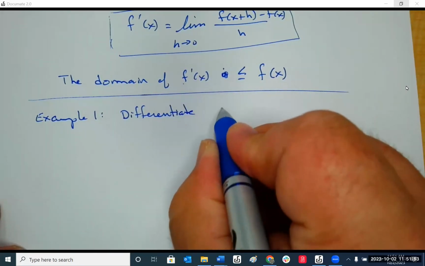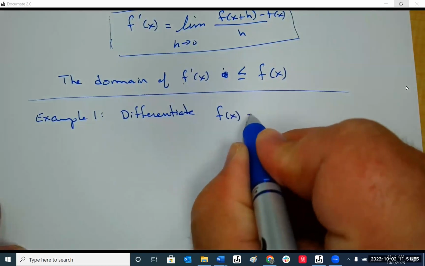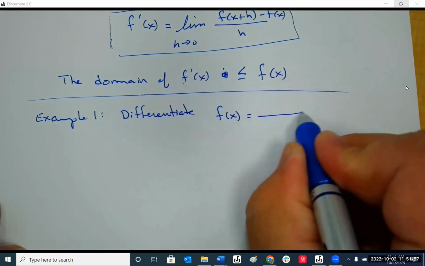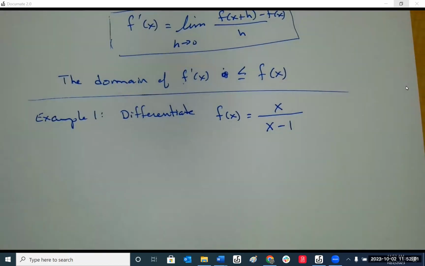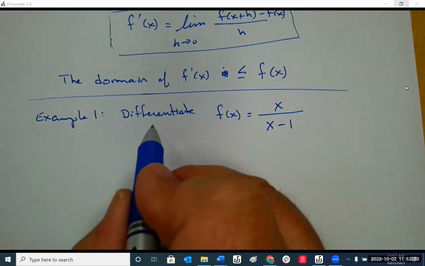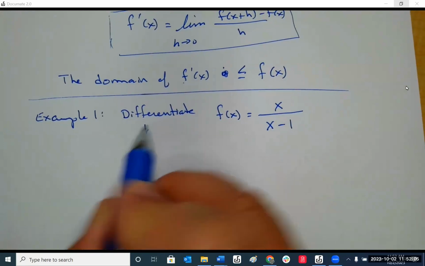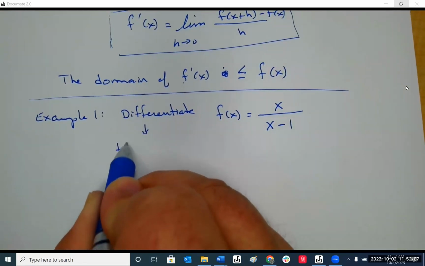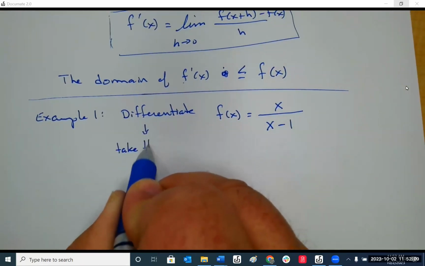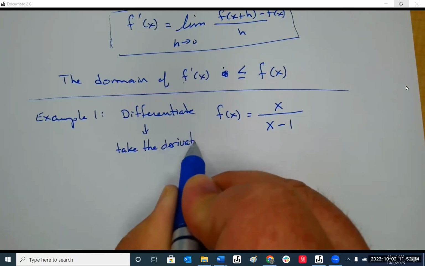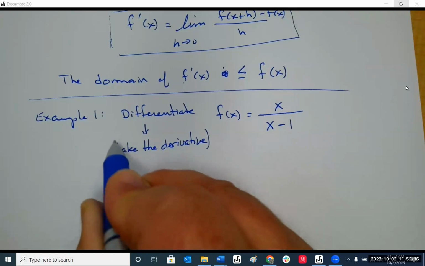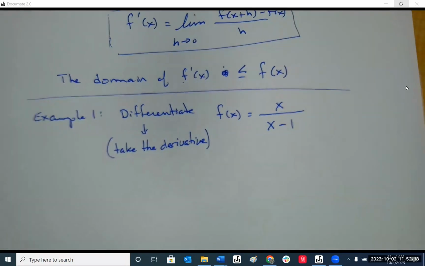Differentiate f of x equals x over x minus 1. When we say differentiate, take the derivative. That's what it means.